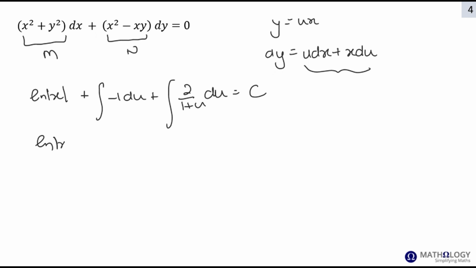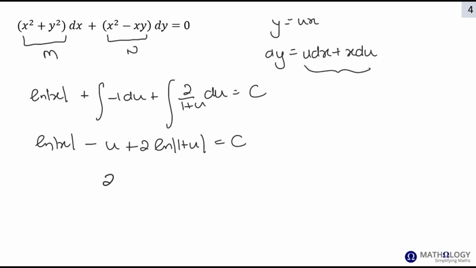So we have ln x minus u plus 2, and we'll take the 2 out of the integral, and we have 1 over 1 plus u, which when we integrate with respect to u will just be ln 1 plus u, and that equals c.